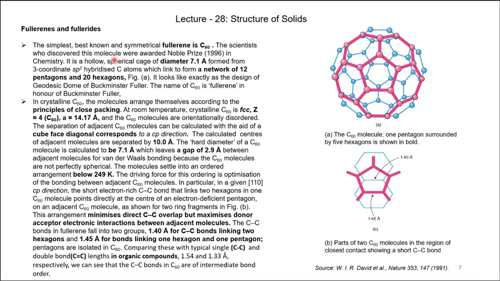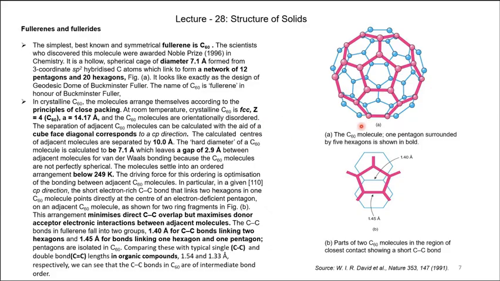The scientists who discovered this molecule were awarded the Nobel Prize in Chemistry in 1996. It is a hollow structure, a spherical cage, with a diameter of about 7.1 angstrom, formed from 3-coordinated, that means sp2 hybridized, carbon atoms, which are linked to a network of 12 pentagons and 20 hexagons.